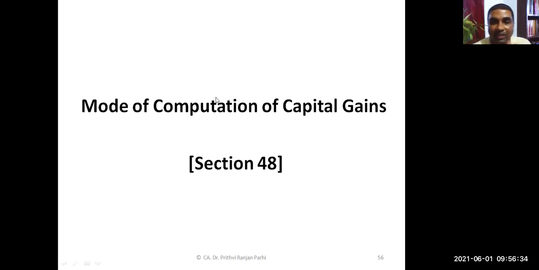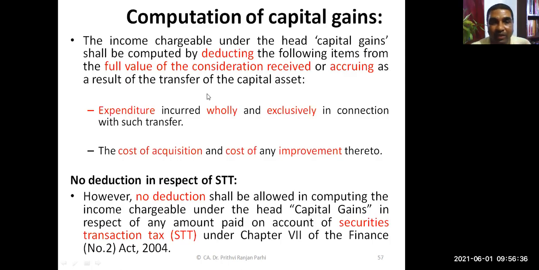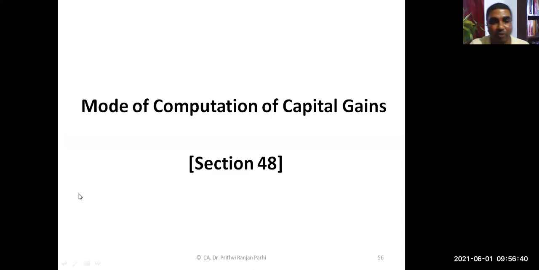Section 48. Yes, section 48 we'll be learning, and some related things after that we'll also be learning. So let me first go into section 48, then we'll see.